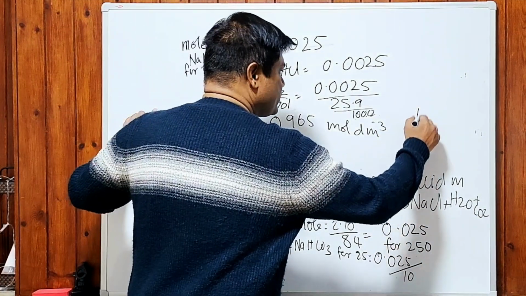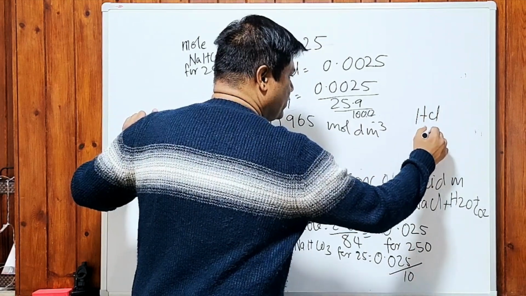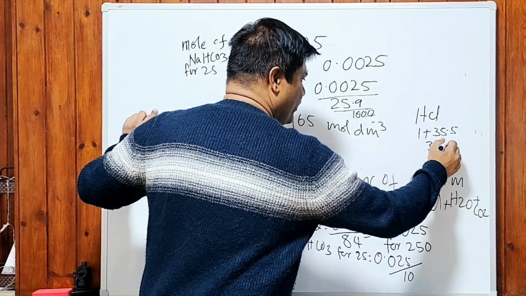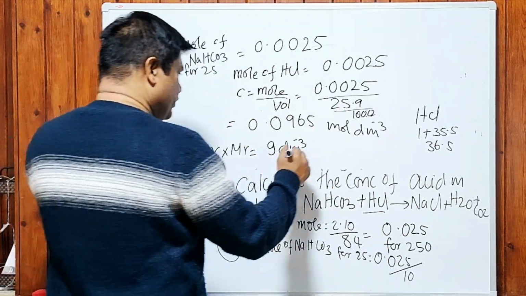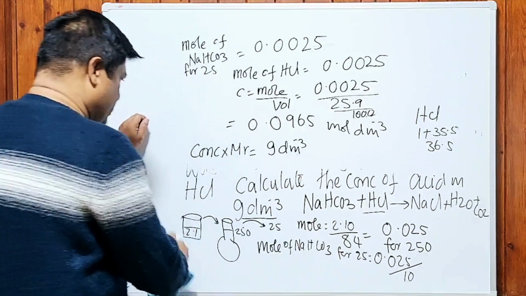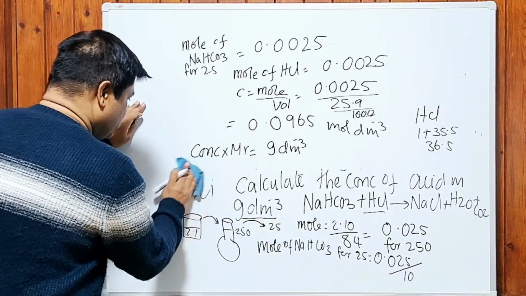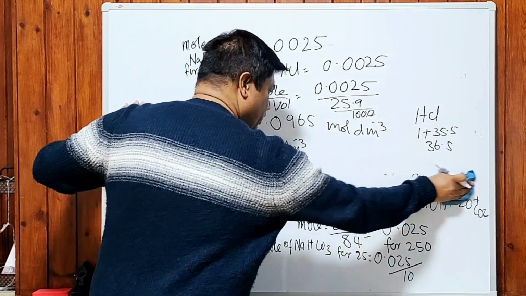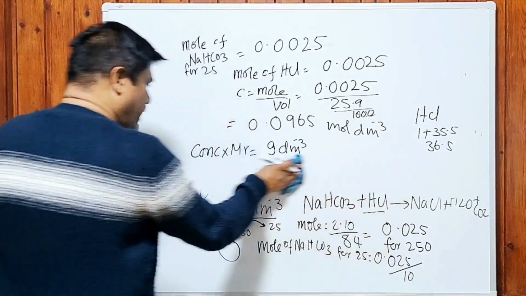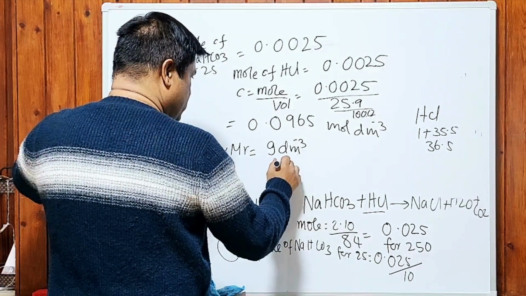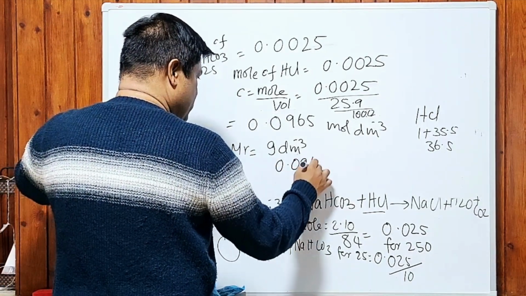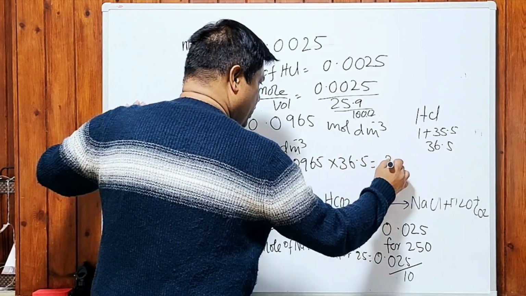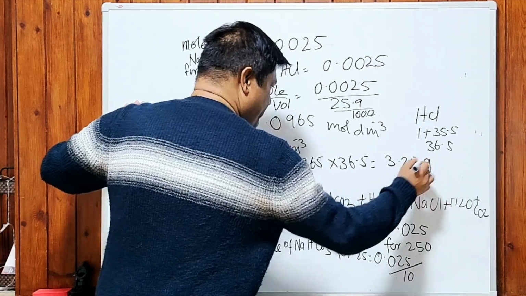What's the Mr of HCl? Hydrogen 1, chlorine 35.5, which is 36.5. So conc times Mr gives the quantity in gram per dm cube. What's the conc? 0.0965 times 36.5 equals 3.25 gram.